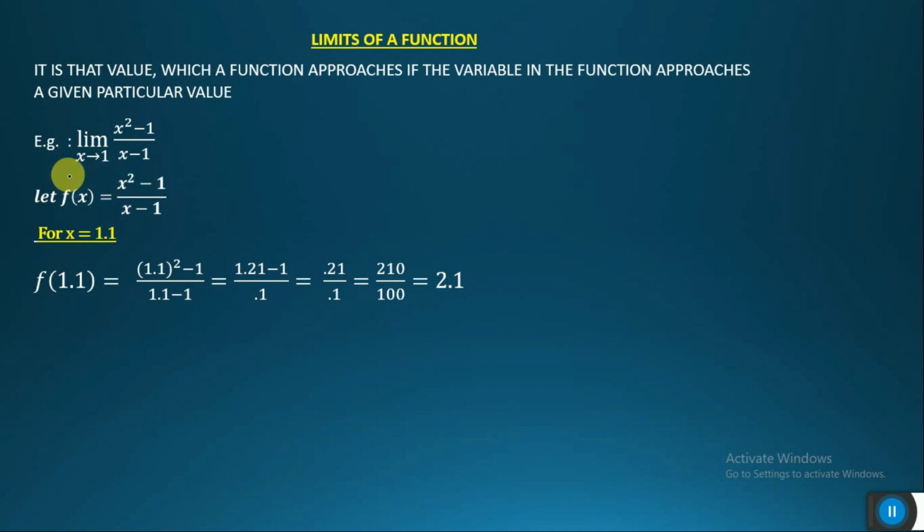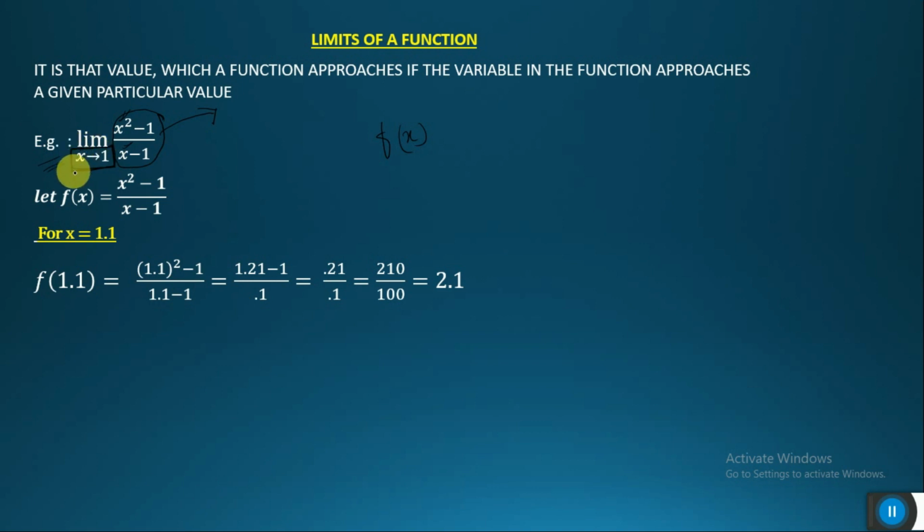Now let's see an example. If your example is asking you what is the limit of this function, this is our function, it has a variable x, which can take any value, so we can call it a function with respect to x. Now without using this limit, let's see where this function approaches when x goes to 1, because our definition says that it is that value which a function approaches if the variable in that function approaches a given particular value.